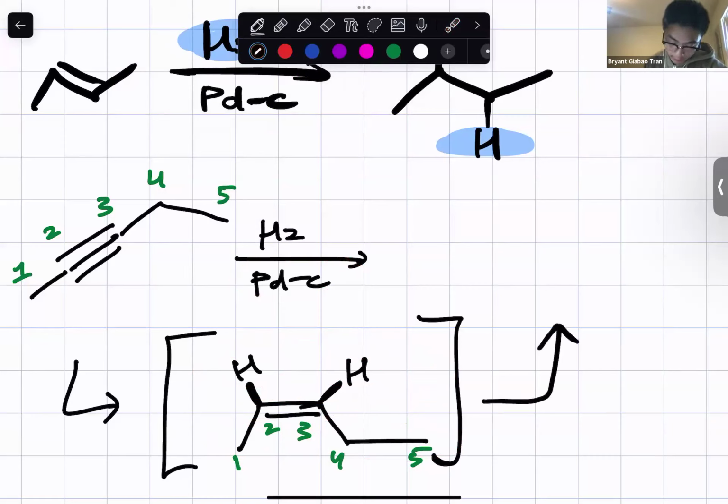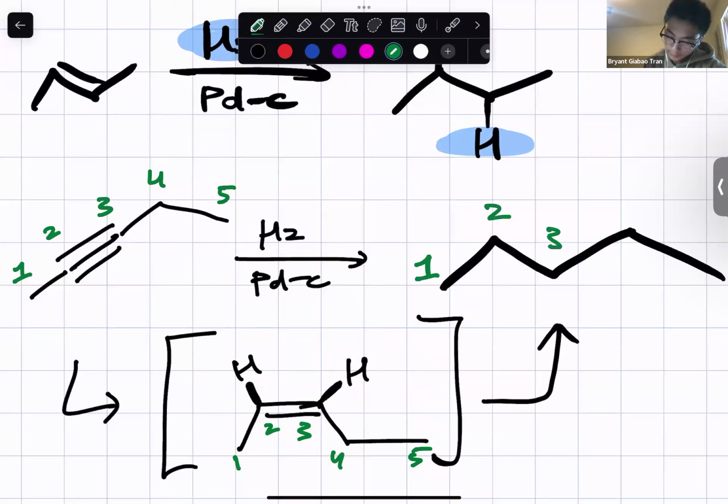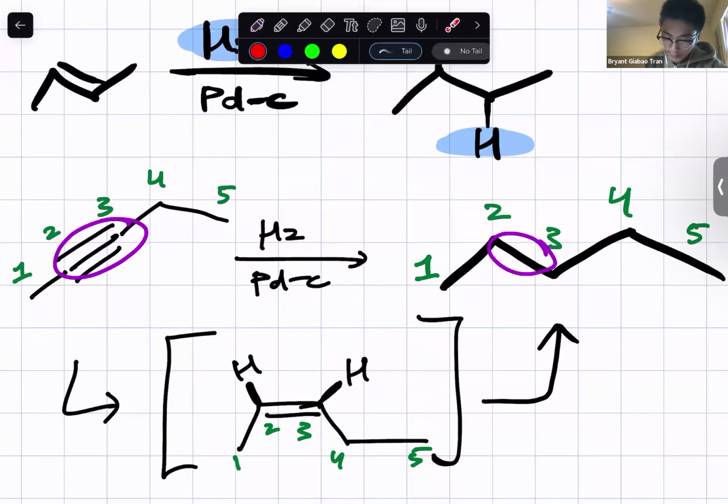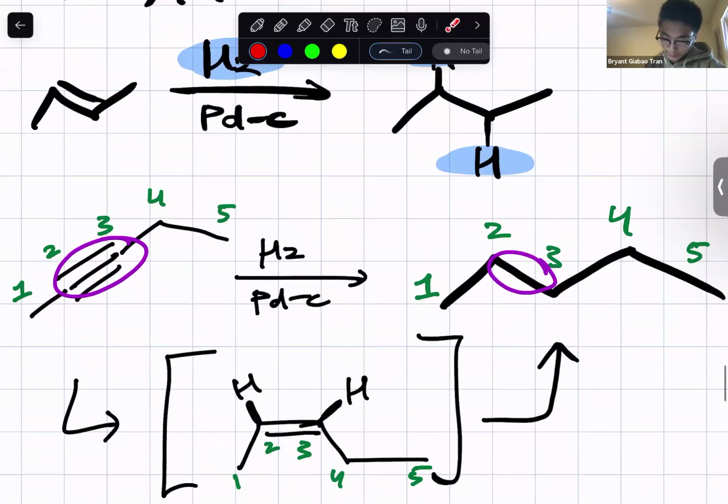It will keep going until the alkane, the single bond. So the triple bond, which is between 2 and 3, would become a single bond if you put that through H2 Pd/C. This is just the intermediate of what happens before that.